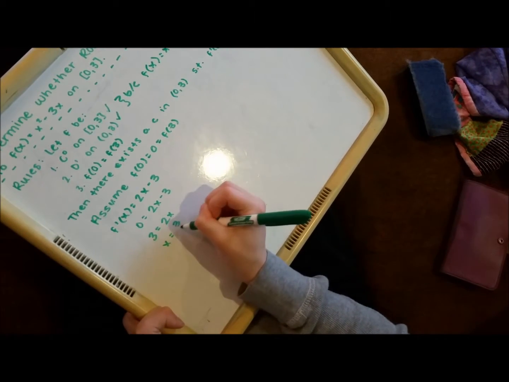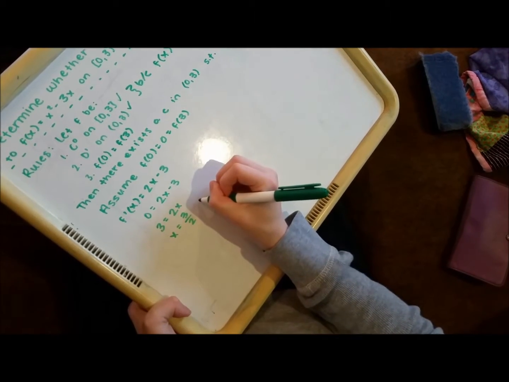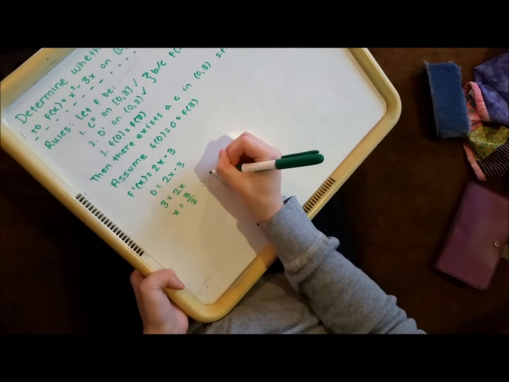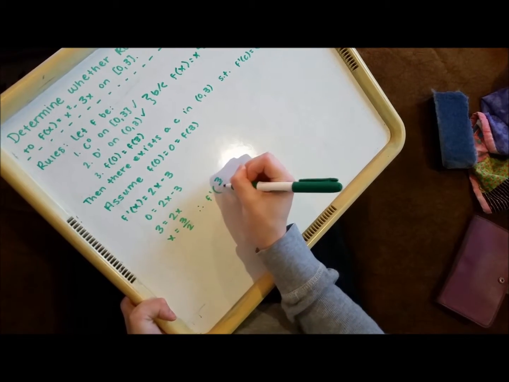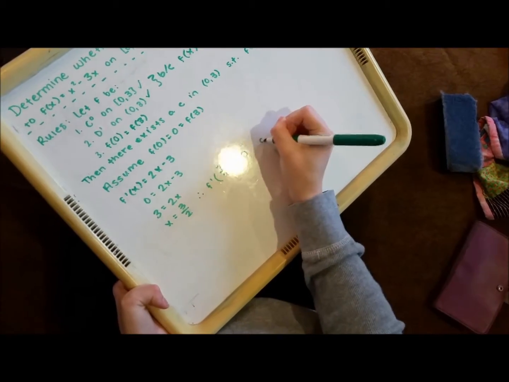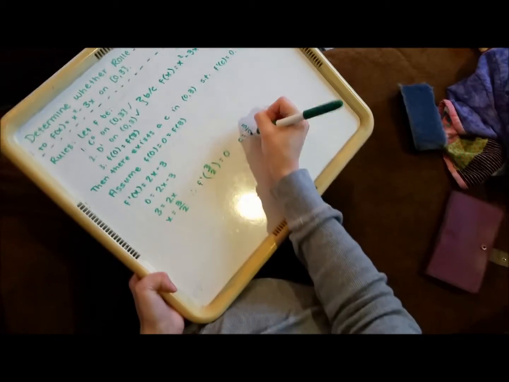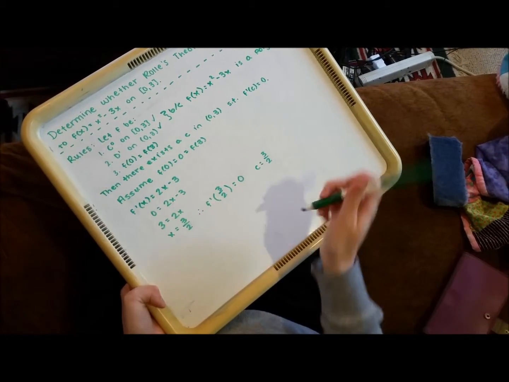So x = 3/2. Therefore, f'(3/2) = 0. So c = 3/2, which is in the open interval (0, 3).